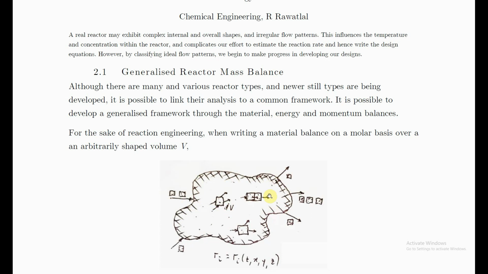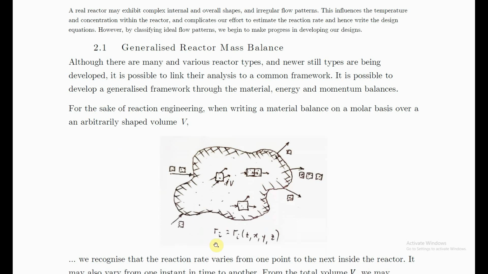So both concentration and temperature are varying around here, and that's going to make it difficult for us to say there's one rate. We know clearly there will be one reaction rate here, which is quite different to the reaction rate here. And so this entire space is a continuum of reaction rates. So that's why we say here the reaction rate is a function of x, y, and z, so that's varying across the space.